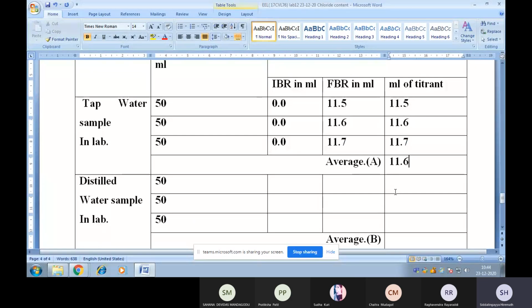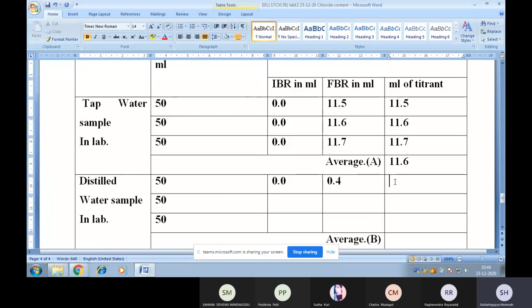Which we can consider as A ml. And the second one is for distilled water, for the blank reading. The initial reading of the burette you can adjust to 0.0 by adding titrant. After that, we got the final burette reading for distilled water as 0.4.